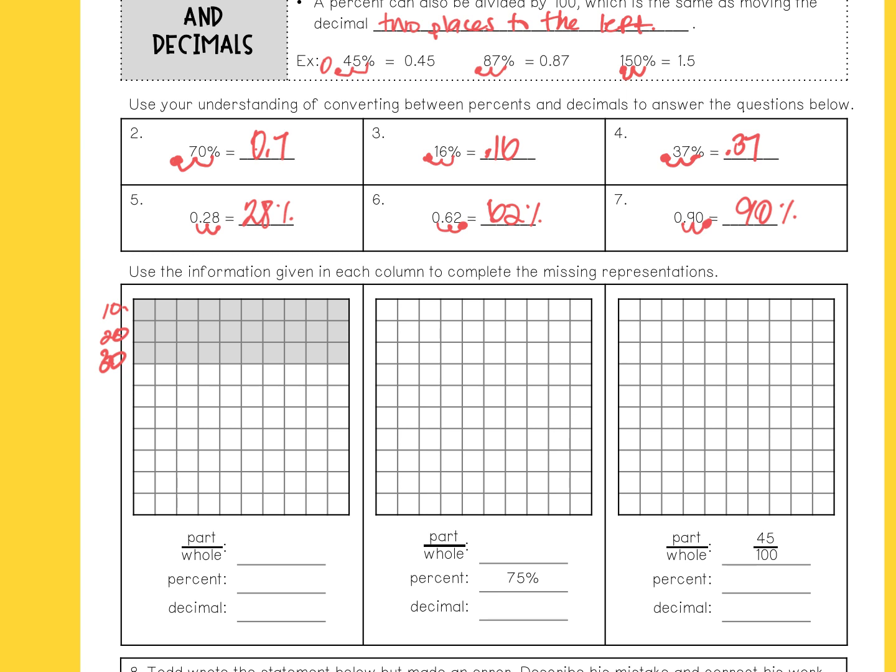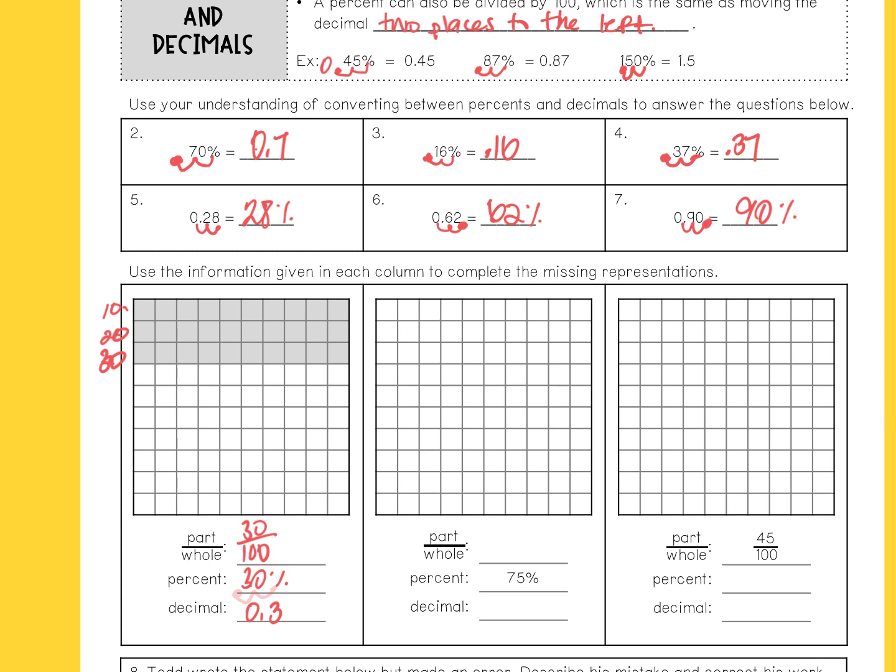So 30 out of 100 are shaded, and 30 out of 100 would be 30%. If I wanted to turn my percent to a decimal, I would move my percent sign over 2 times to the left and get 0.3.